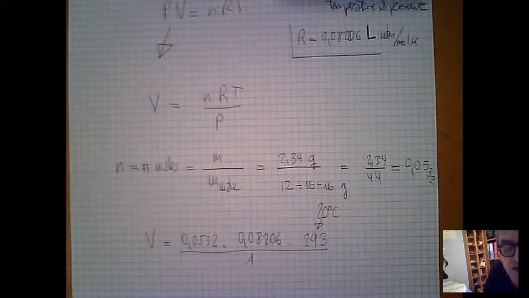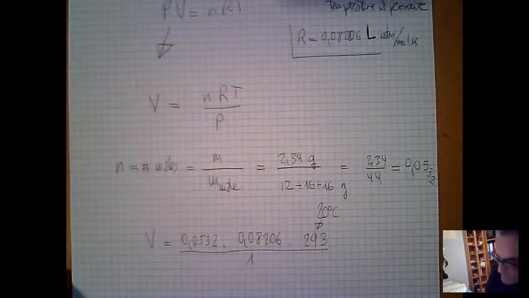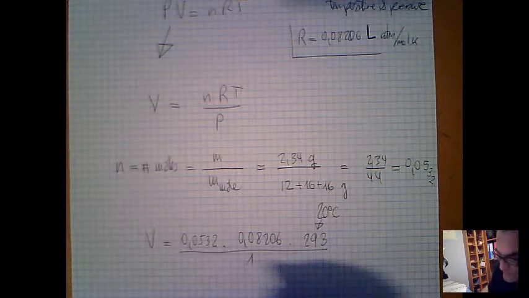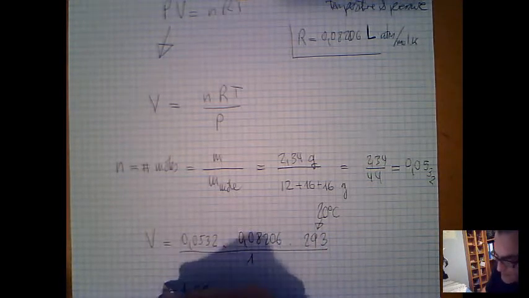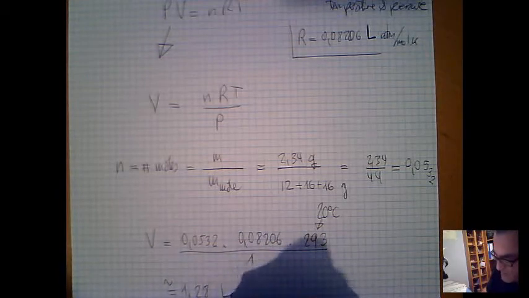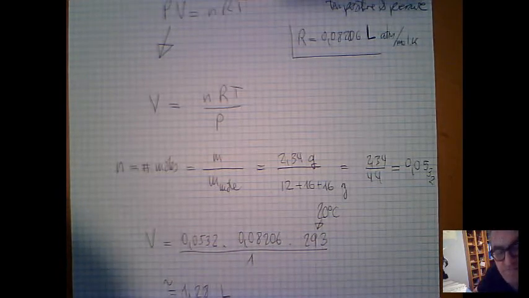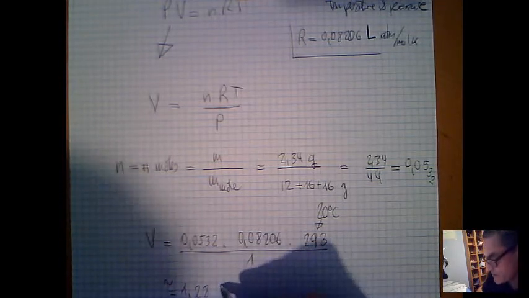How much is that going to give us? This is 0.0532 times 0.08206 times 293. This gives us approximately 1.28 liters. Why liters?